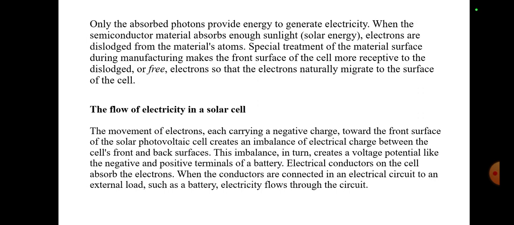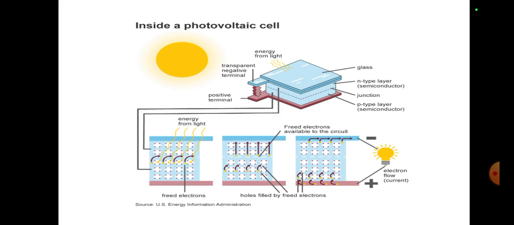Electrical conductors on the cell absorb the electrons. When the conductors are connected in an electrical circuit to an external load, such as a battery, electricity flows through the circuit. This is the construction of a photovoltaic cell.